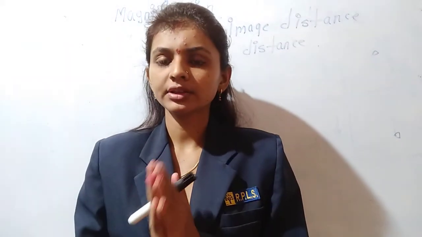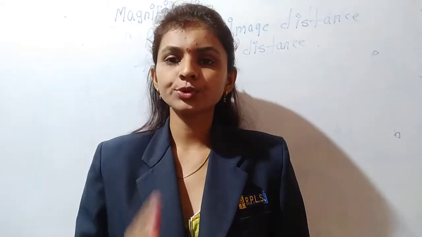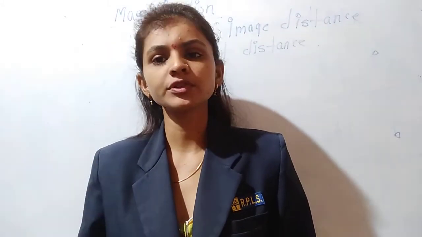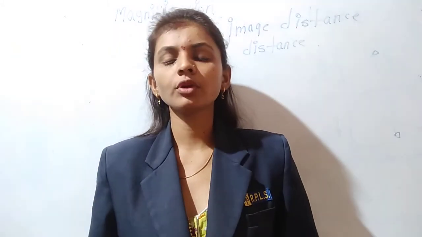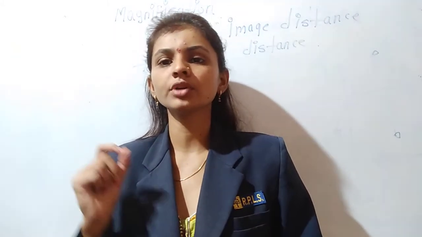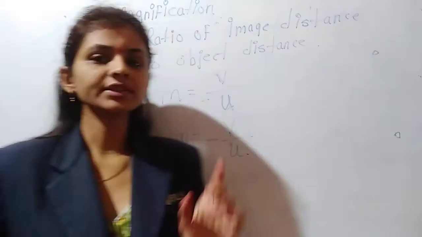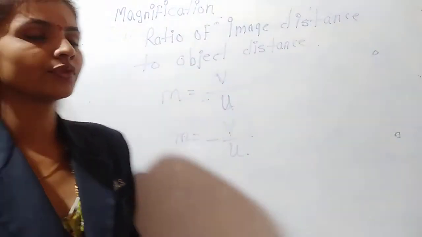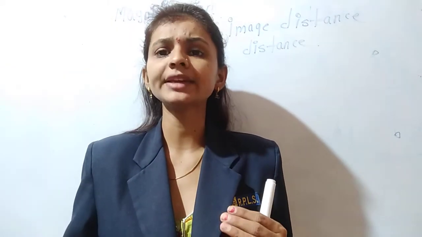And there are two conditions, magnification is positive or negative. If a virtual image is there, magnification is positive. If a real image is there, magnification is negative. Another formula for the magnification depends upon the distance of the object and the distance of the image. That is m is equal to v upon u, and it depends upon the sign also.